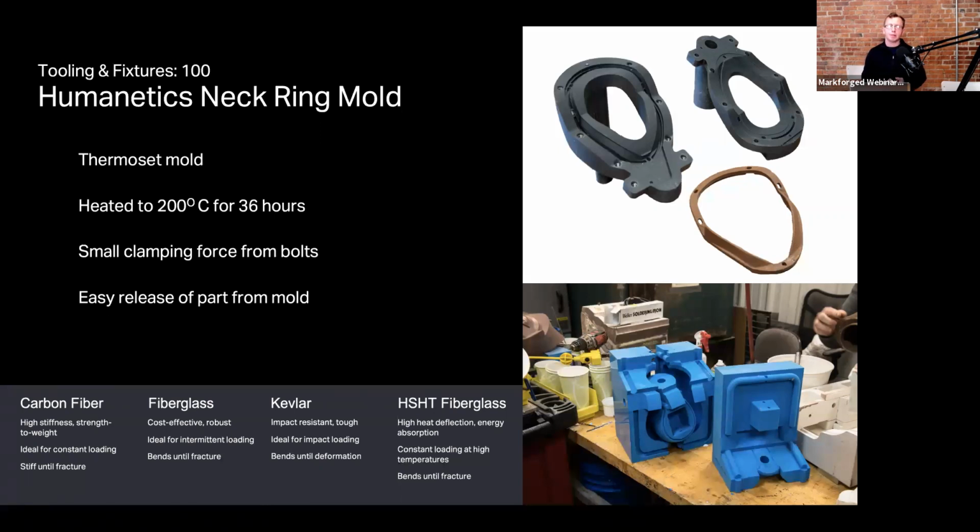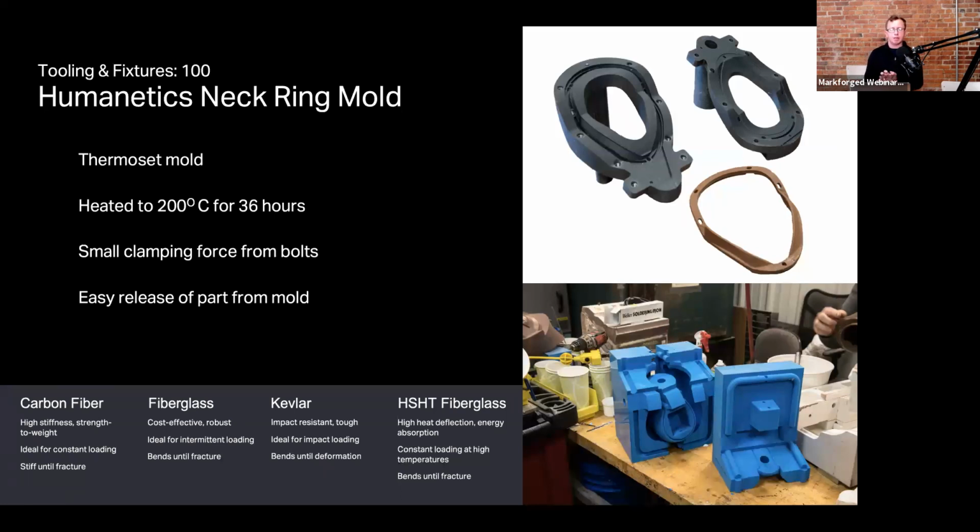And some people put Kevlar as the runner-up here. Kevlar would be a good choice because I do say that there needs to be some easy release of the part from the mold, and there's some small clamping force from the bolts. One of the things that's interesting to note about these is that if they were to machine these out of aluminum, they would have had to have a much more complex mold that was going to be really expensive to manufacture because the mold would have had to be rigid.